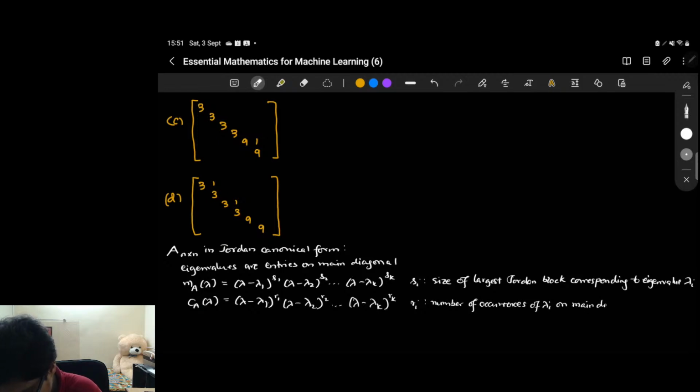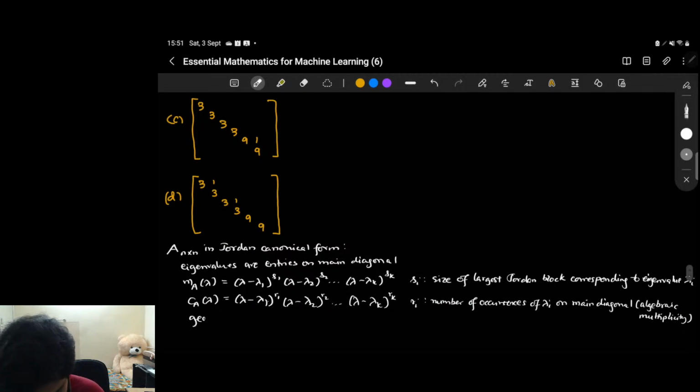So the number of occurrences is essentially what is known as the algebraic multiplicity, and then the geometric multiplicity of lambda i is the number of lambda i Jordan blocks.